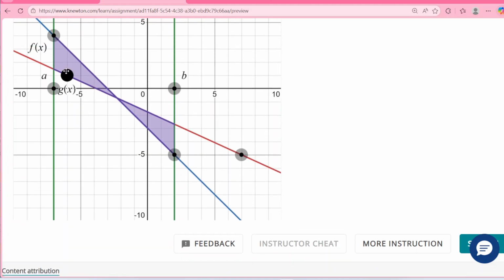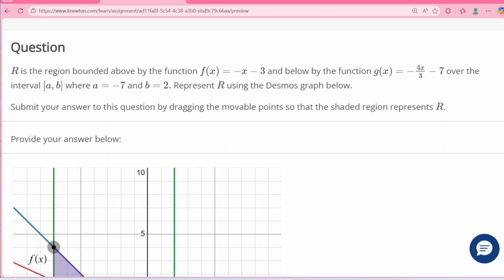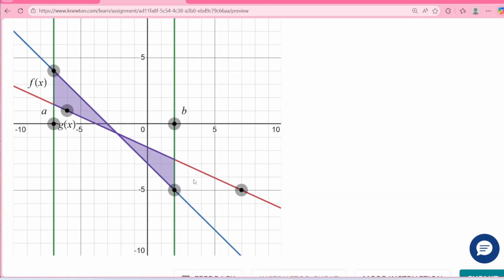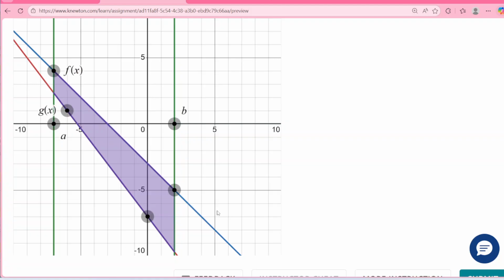All right, there's -6, 1 there. And another one, let's go -3. Or 0, right? 0, -7. Oops, wrong one. This is g. So here's 0, -7.